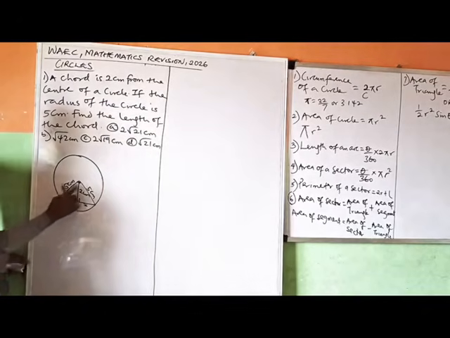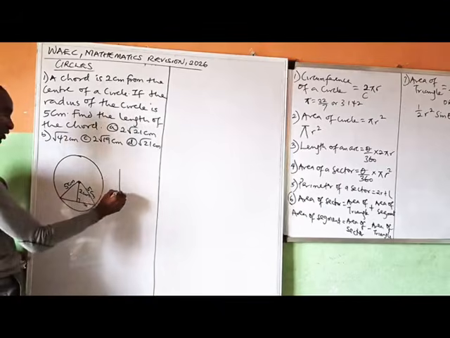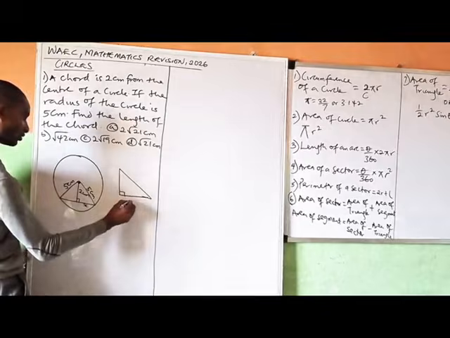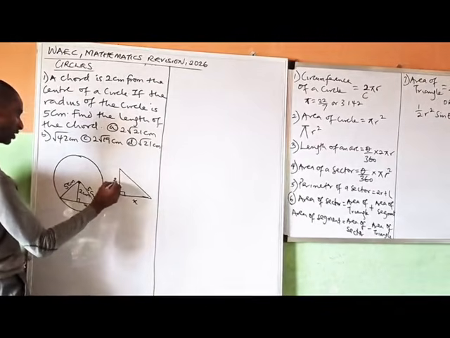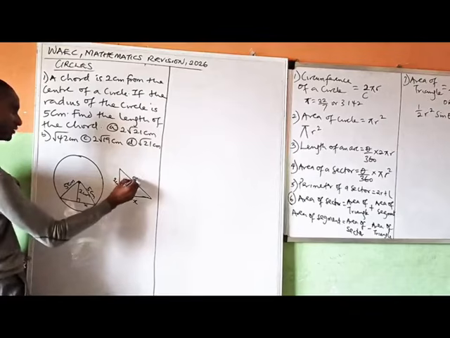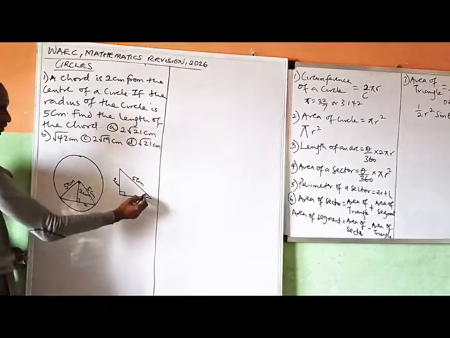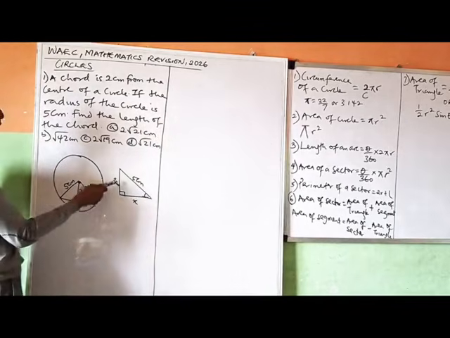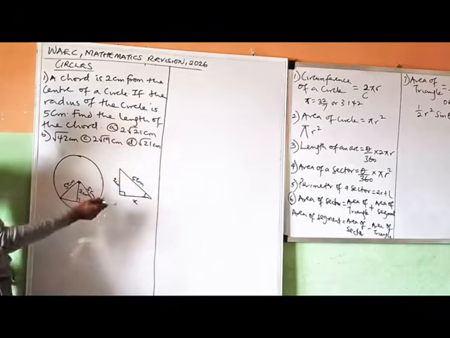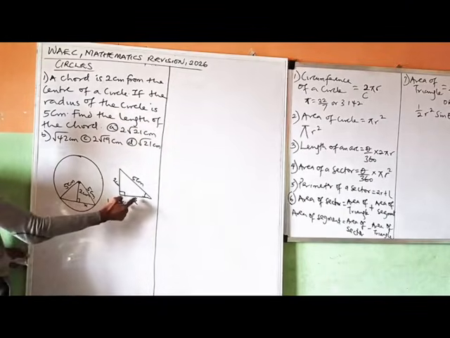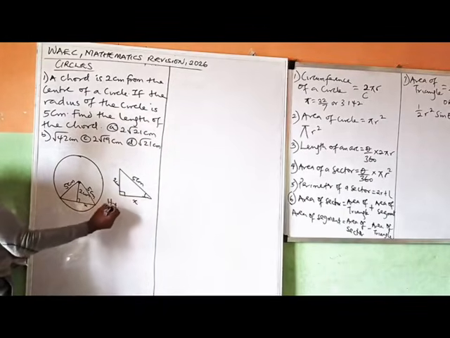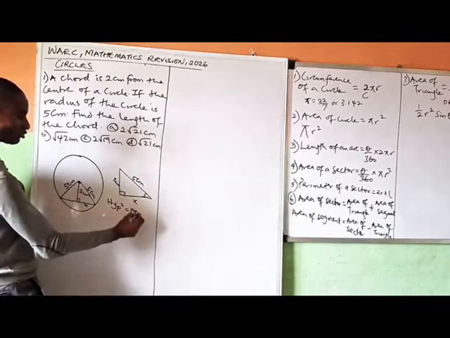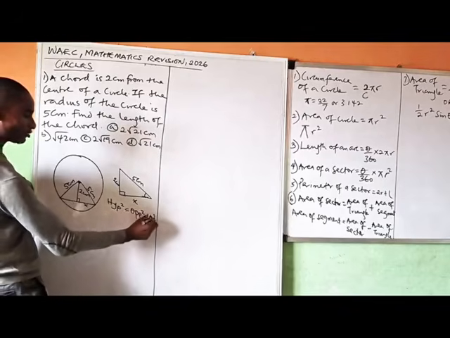If I bring out this triangle, I have a right angle triangle. Here is x, here is 2 centimeters, and here is 5 centimeters. If I face this portion, this is the opposite, this is the adjacent, and this is the hypotenuse. Using the Pythagoras theorem, hypotenuse squared equals opposite squared plus adjacent squared.